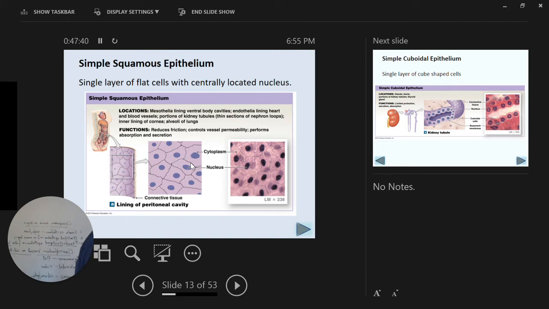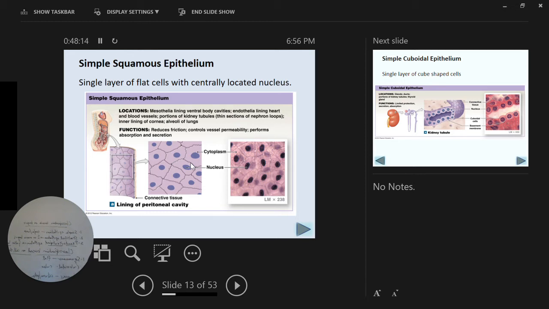Now, where do you expect to see this kind of epithelium? I'm going to look at the functions. Then I will look at where do you expect to find them. They perform absorptions and secretions. So they secrete. And they also control vessel permeability. Permeability means opening to allow things to enter or go out, right?